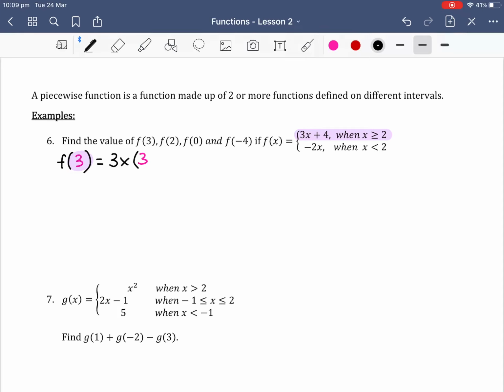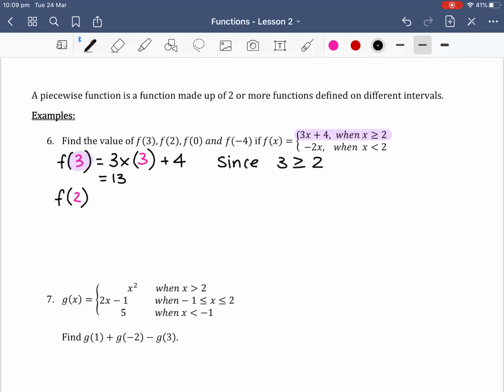So we're going to go 3 times our 3 plus 4, since 3 is greater than or equal to 2. So that means 3 times 3 is 9, sorry, plus 4 is 13.